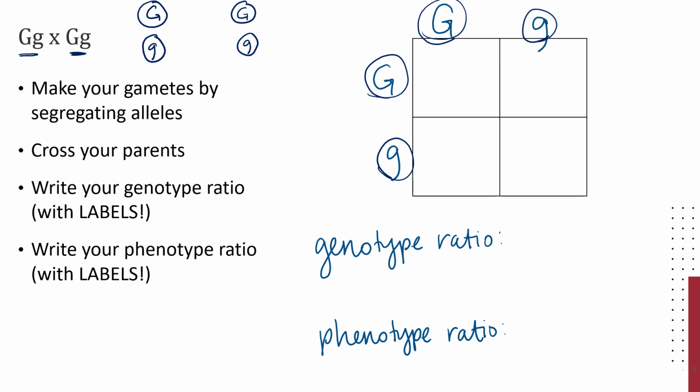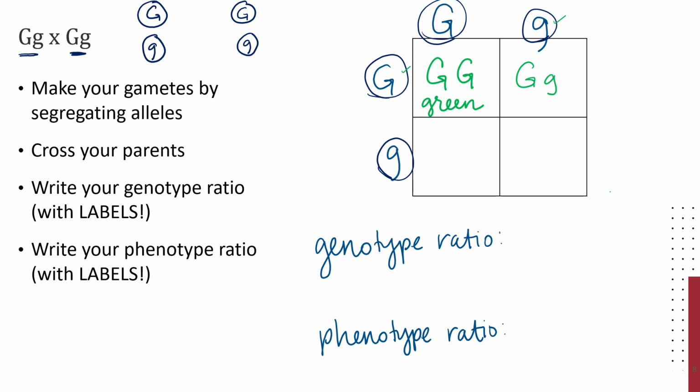Next, we're going to make all of our possible combinations. So we're going to do this by combining the top and the bottom, kind of like a multiplication table. So if we combine the big G gamete with the big G gamete, we are going to get a green individual. If we combine the big G with the little g, we get a heterozygote.